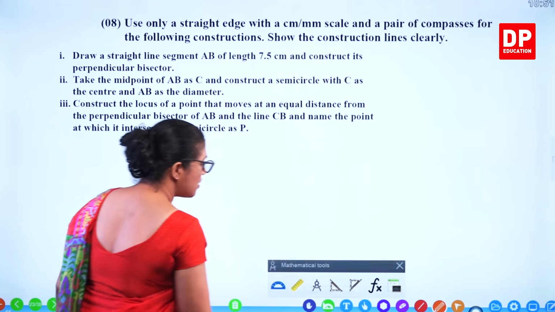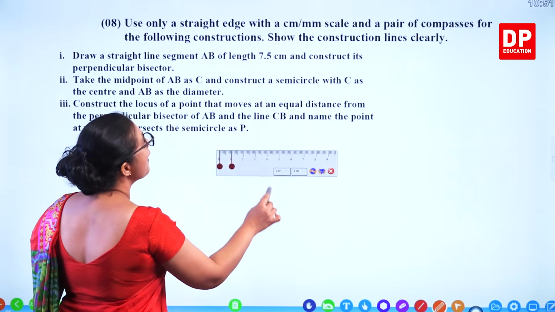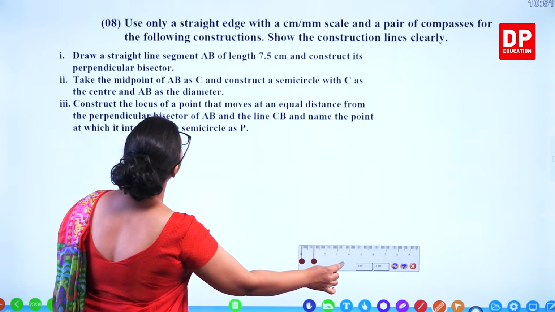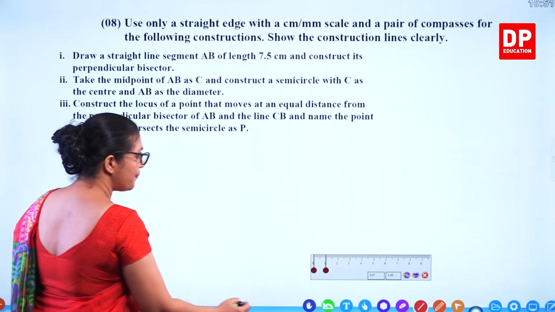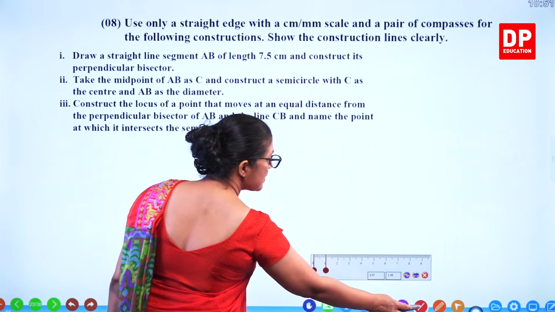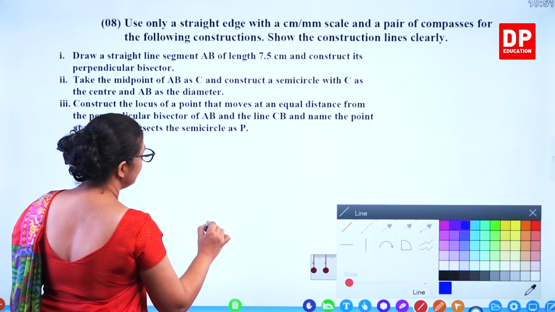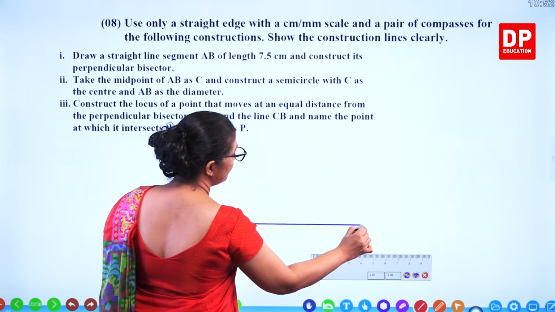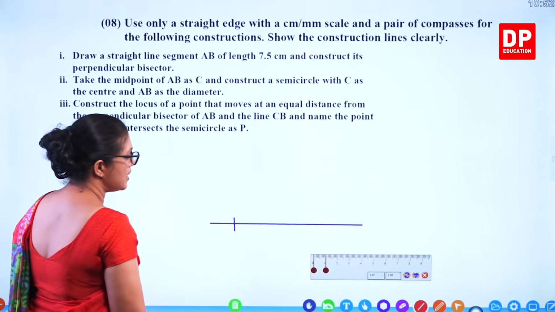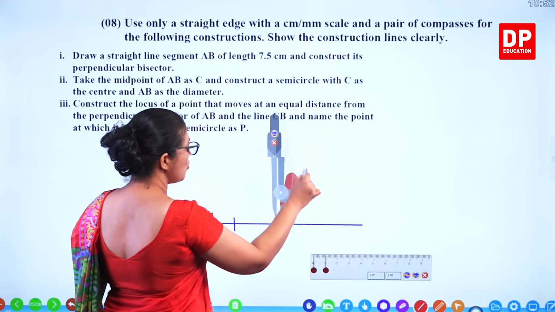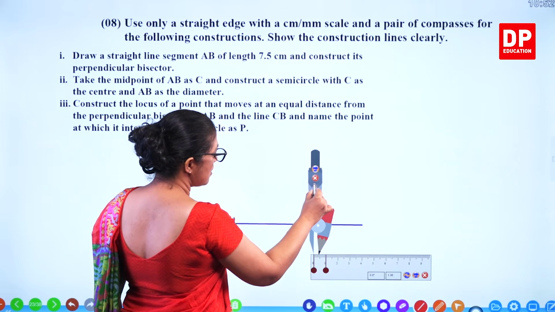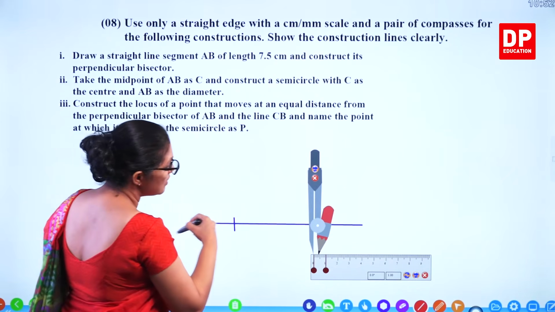You need the ruler and you need a 7.5 centimeter length. Take the ruler and draw the line segment first, and you can mark a point there. With the help of the compass, you can measure 7.5 centimeters.